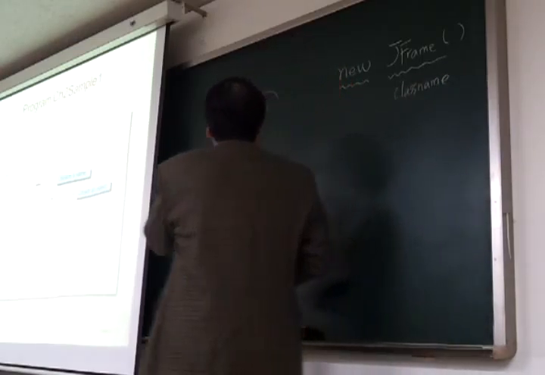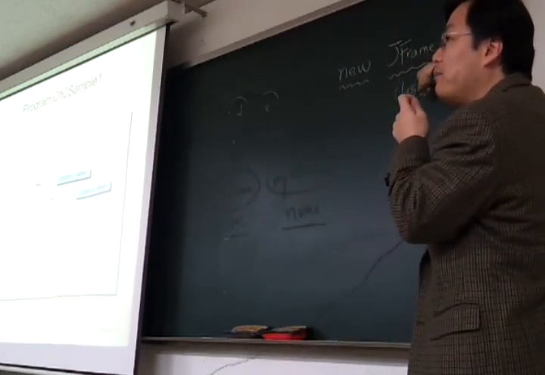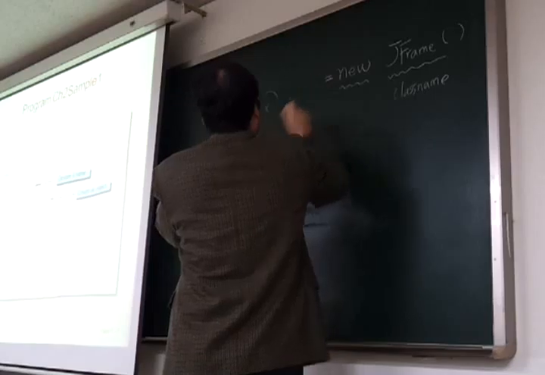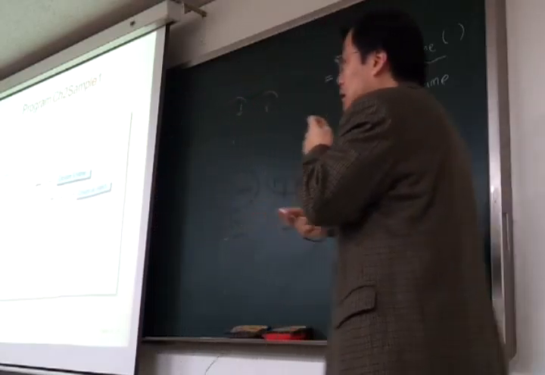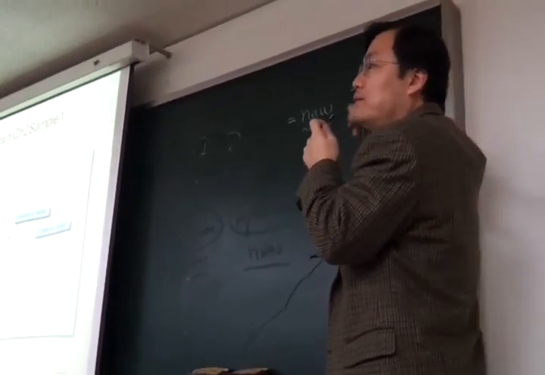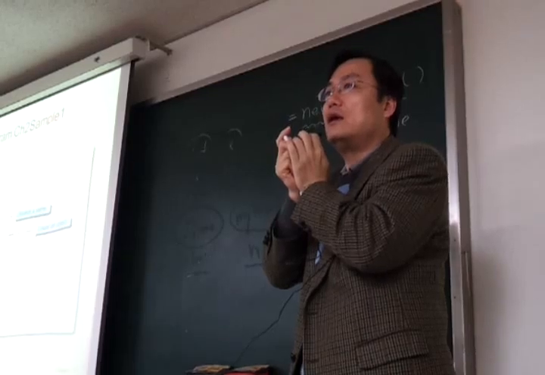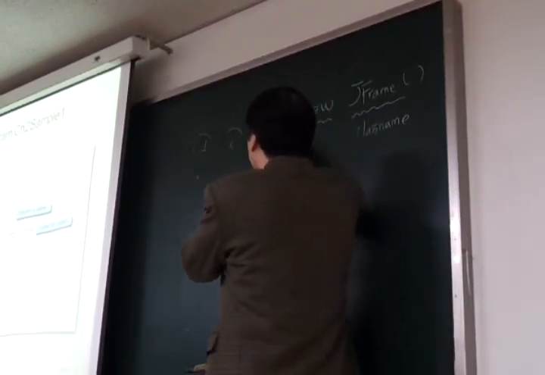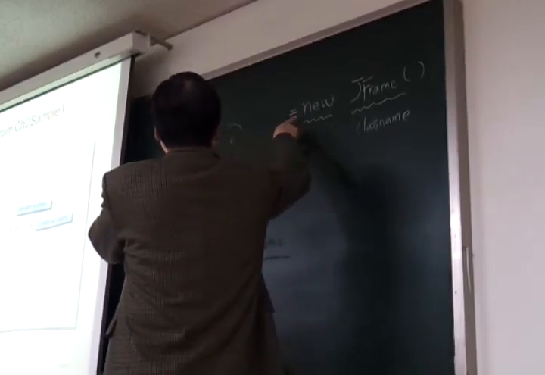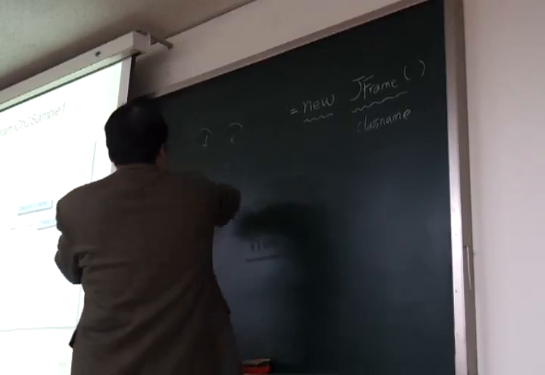Once you give new and then the class name, this will return an object. By doing new and then the class name, you're stamping out one object, one fish-shaped bun. You're creating an object and that will be returned. So you want to store that object into your my window name.